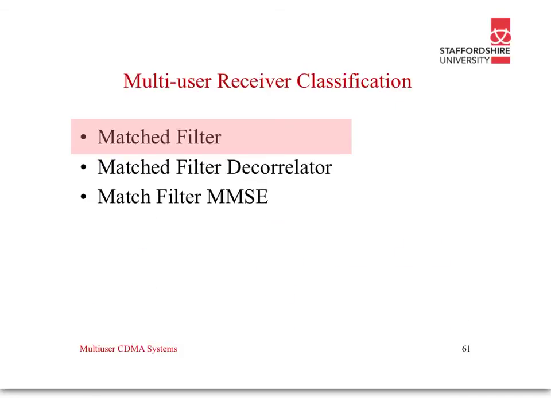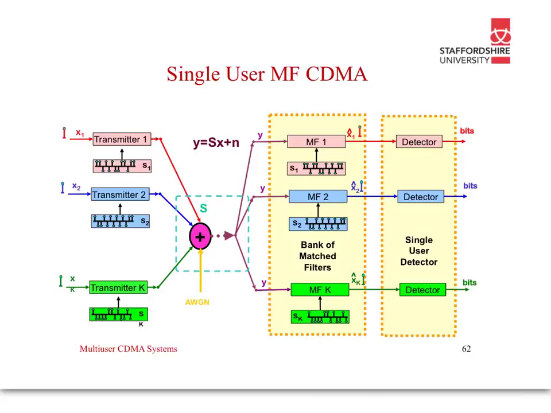So, the three multi-user classifications that we have. First of all, we'll look at the simplest, which is the matched filter. In the matched filter, we have a bank of matched filters at the receiver side, and we detect whether it was a 1 or a 0, or a 1 or a -1, that was transmitted.